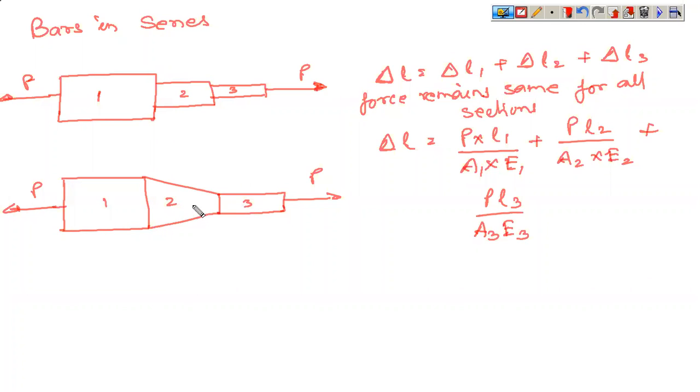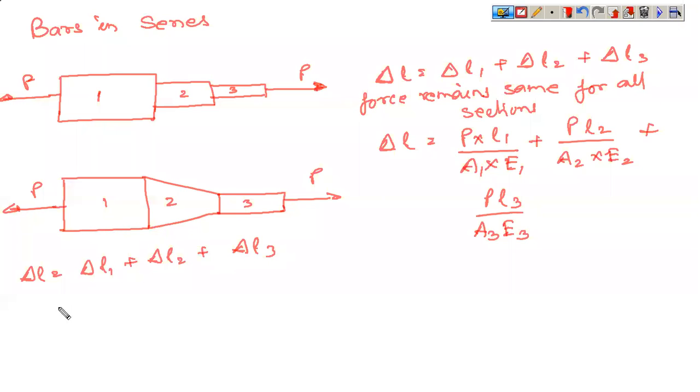Similarly, if you look at this problem, this is a constant shape section, this is a tapered section, and this is again a constant section. So here again delta L will be equal to delta L of 1 plus delta L of 2 plus delta L of 3.